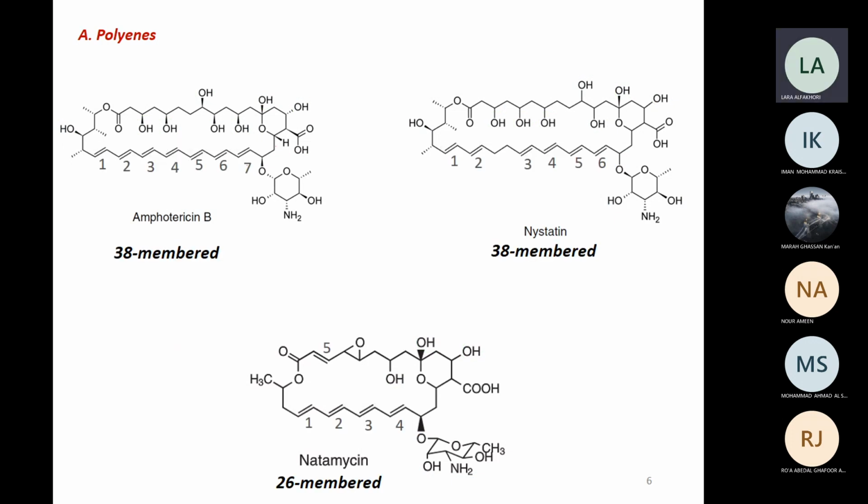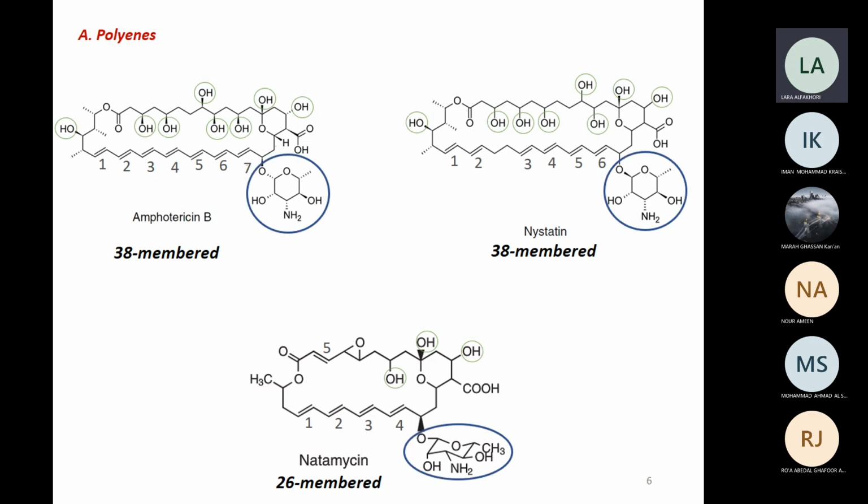What also is found in all of them is that we have a sugar part or an amino sugar part. Does it have any ionizable group? Yes, that amino group that is part of this amino sugar, which we call mycosamine, is an ionizable group.